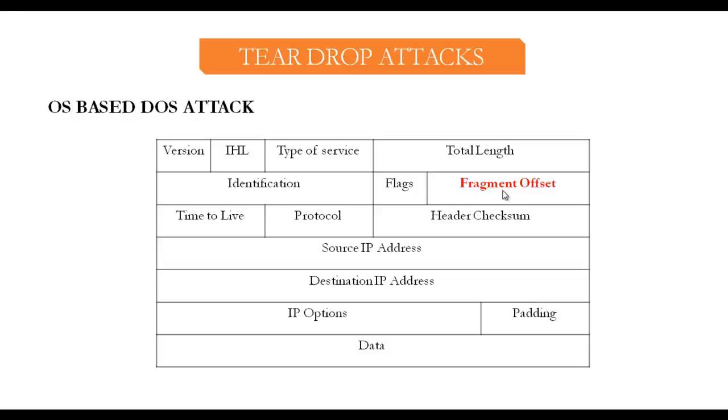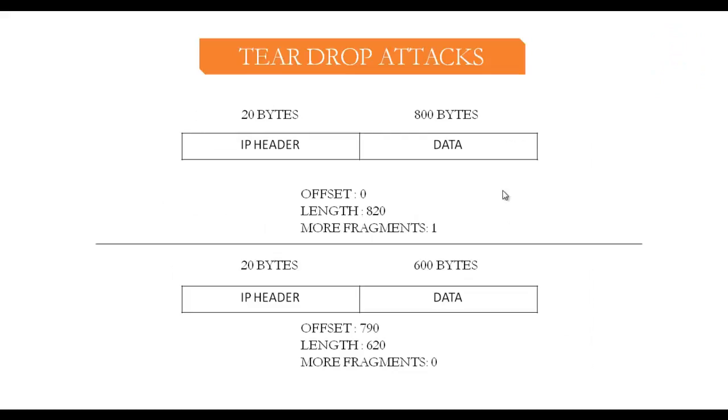Now let us have a clear understanding of how this attack actually works. One host sent an IP packet, and this IP packet has been fragmented into 2 packets. This is the first one and this is the second fragment. In this example, the second fragment is supposed to begin at 821.